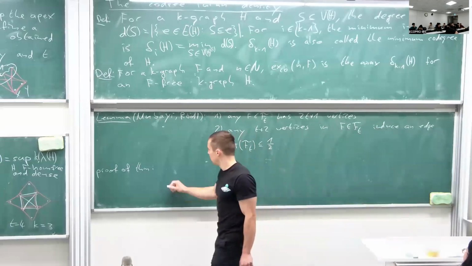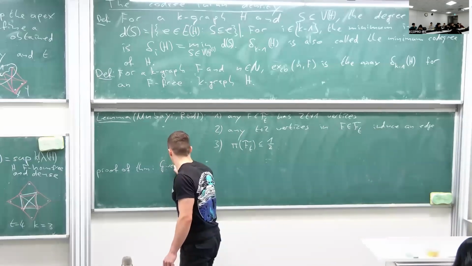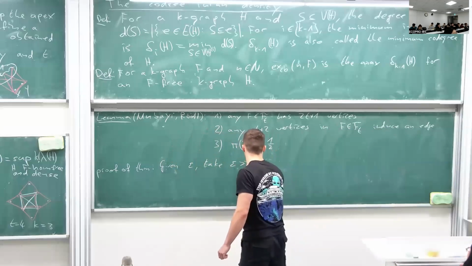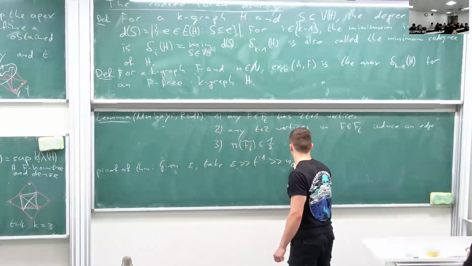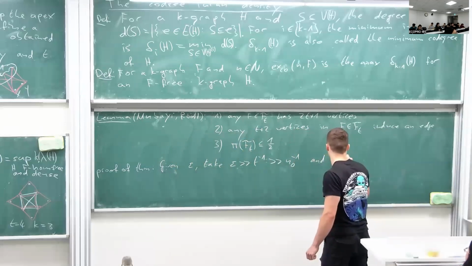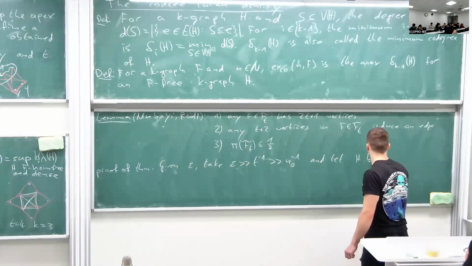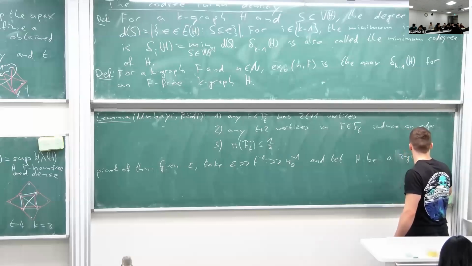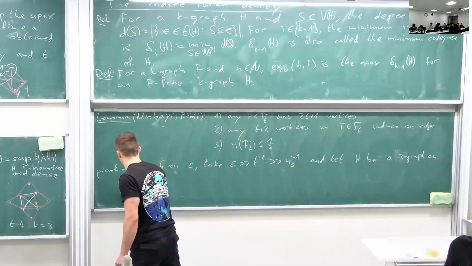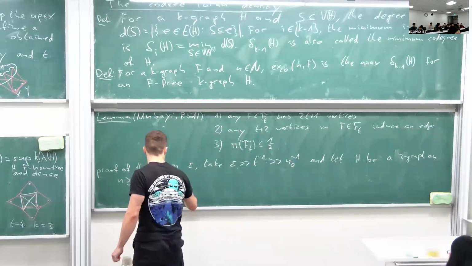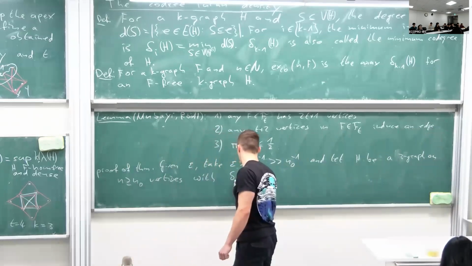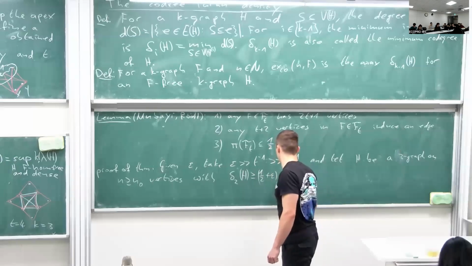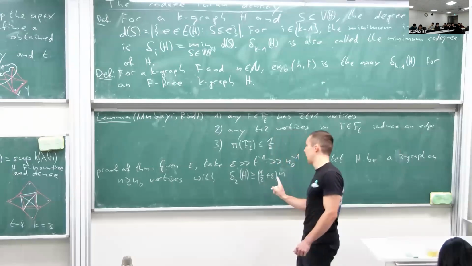So given epsilon, take some t that's large compared to epsilon, and then some large n0, and let H be a big graph on n vertices with minimum codegree, which is now just a 2-degree, at least (1/2 plus epsilon) n.